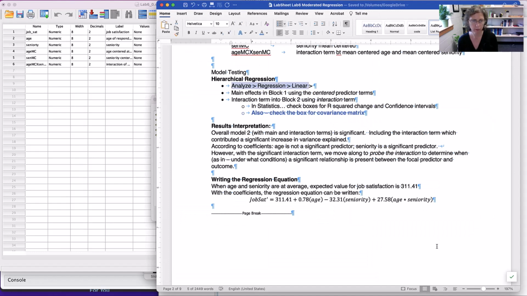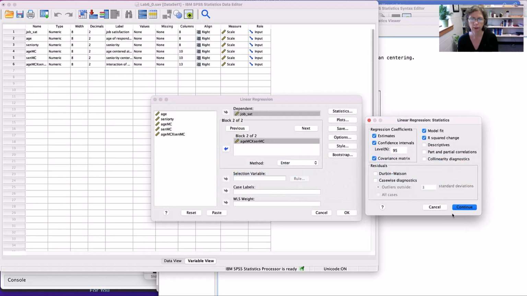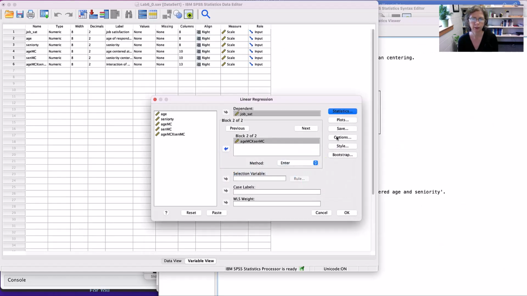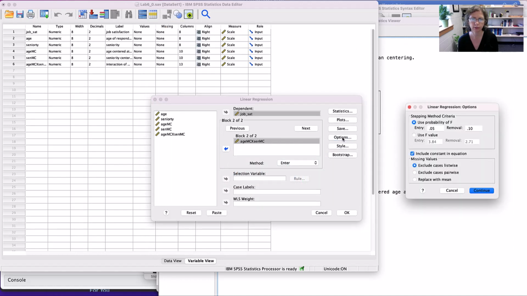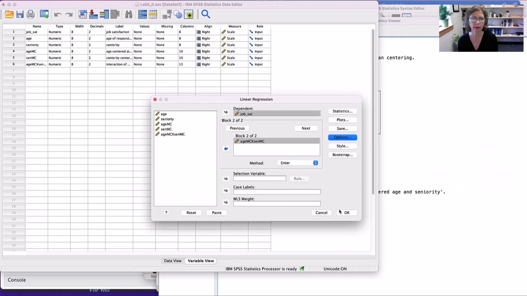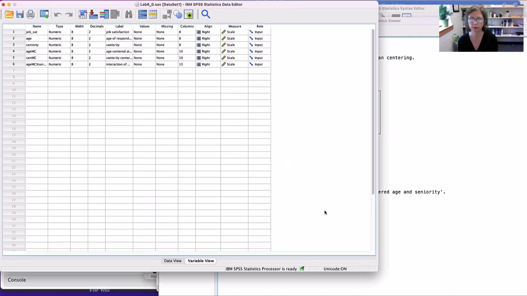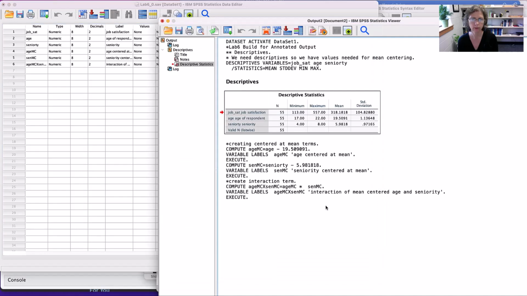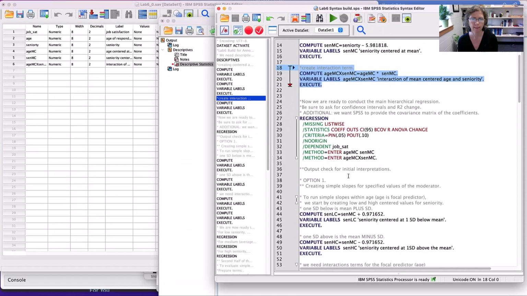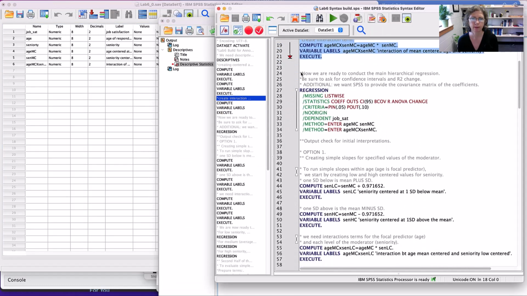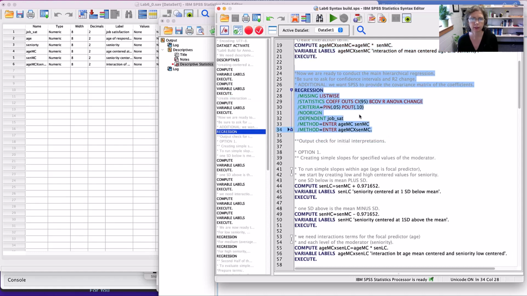Cool. And I'm going to hit continue here. I'm just going to check options to see if there's anything. Nope, don't need anything there. So paste and run it from syntax. And we can look at this.